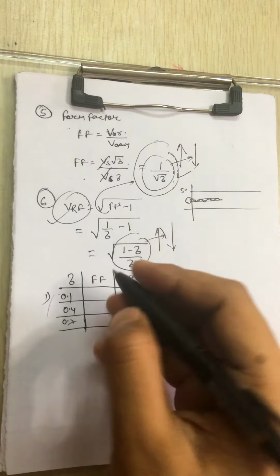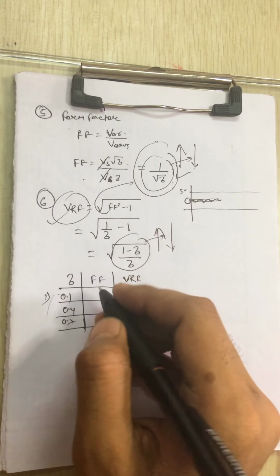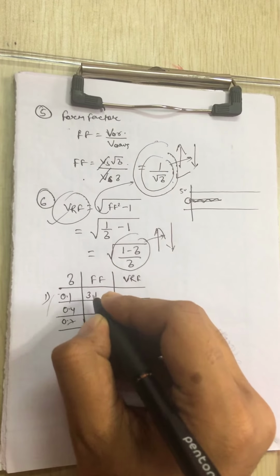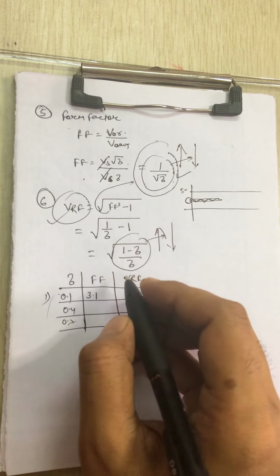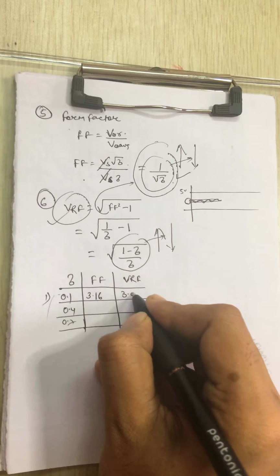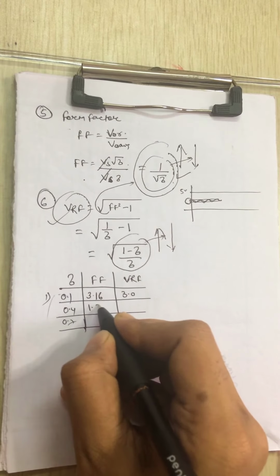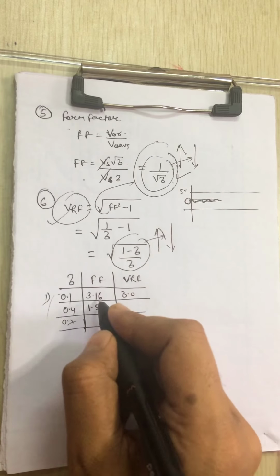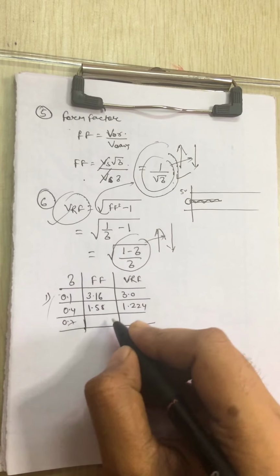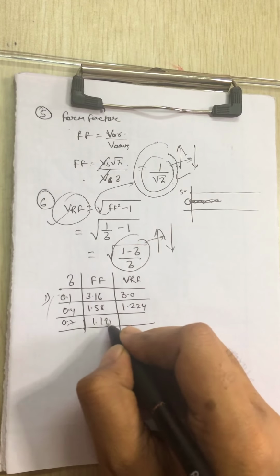I have the data directly here. The form factor is 3.16, 3.0, 1.58. Your voltage ripple factor is 1.224, 1.195, 0.654.